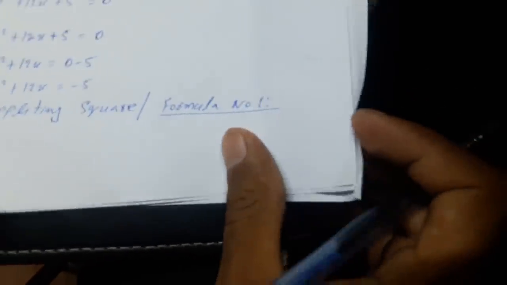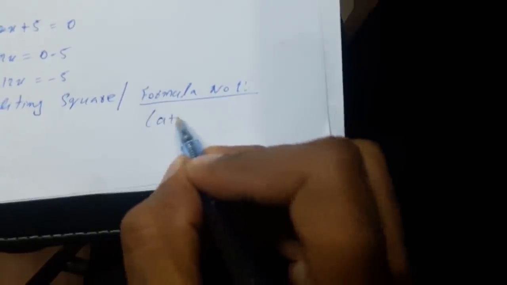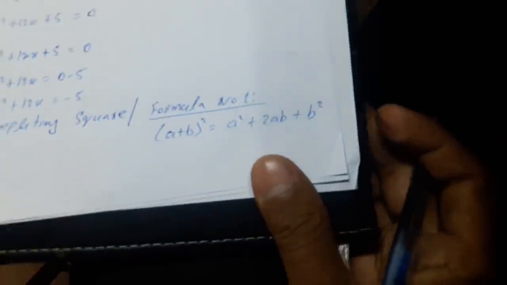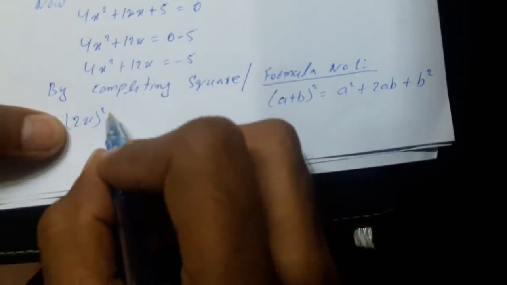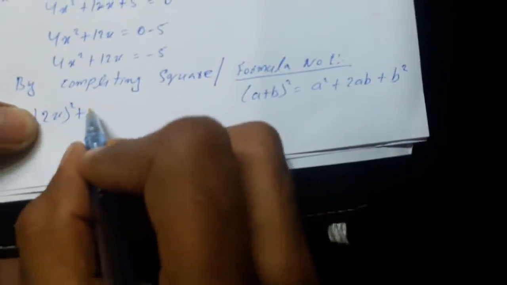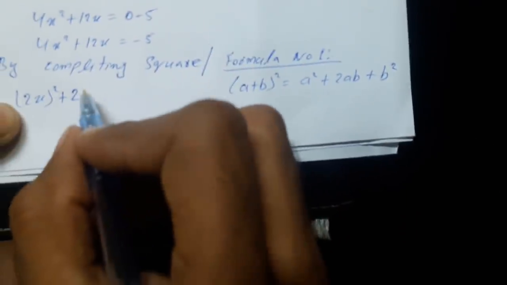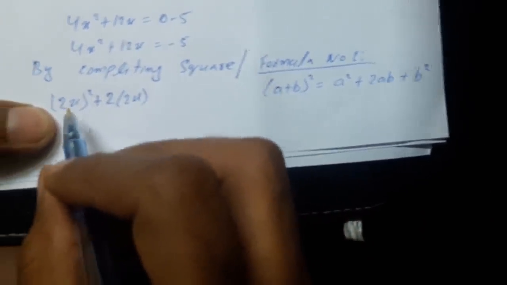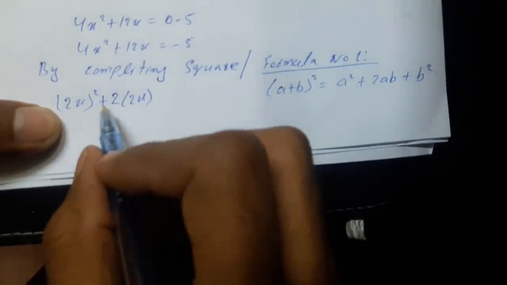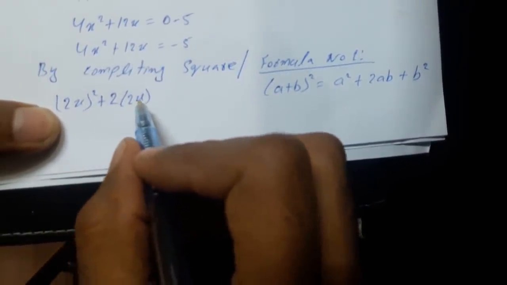So what is formula number 1? A plus b whole square is equal to a square plus 2ab plus b square. Now we will put here, this one is a square, plus 2 from the formula. This a means 2x, so 2x square, then plus 2 times 2x, 4x.